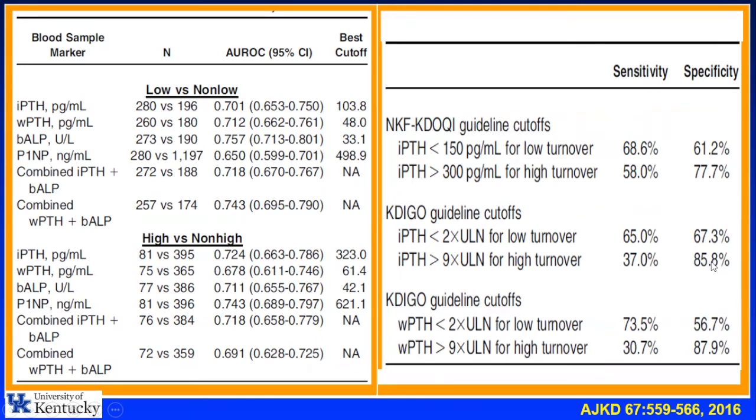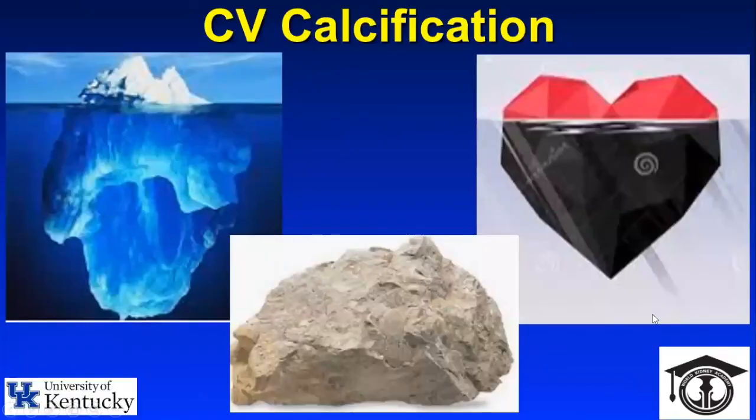On the other hand, if you use the whole PTH, the third generation, it gives you a better specificity. Again, the sensitivity is not great, but the sensitivity is the best if you have the whole PTH less than 2 folds. So this means that PTH of less than 150 or so gives you the best sensitivity.